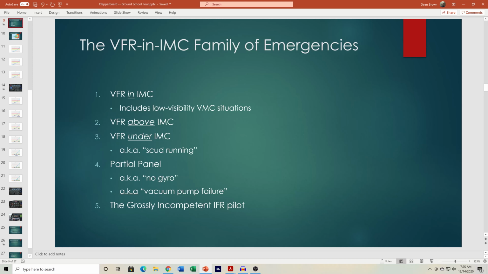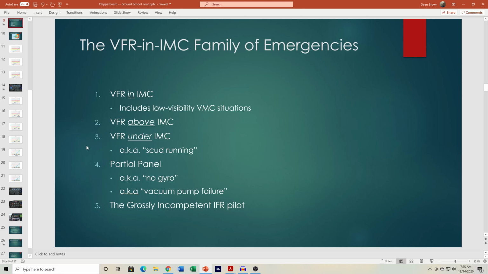As I mentioned in Ground School Video 4, sometimes the preferred strategy when we get to the scud running situation, where we're dealing with two threats, is it's best just to climb. So, for example, as long as the clouds right above where this person is scud running are not laden with ice, if we have them climb, we go from two threats to one threat.